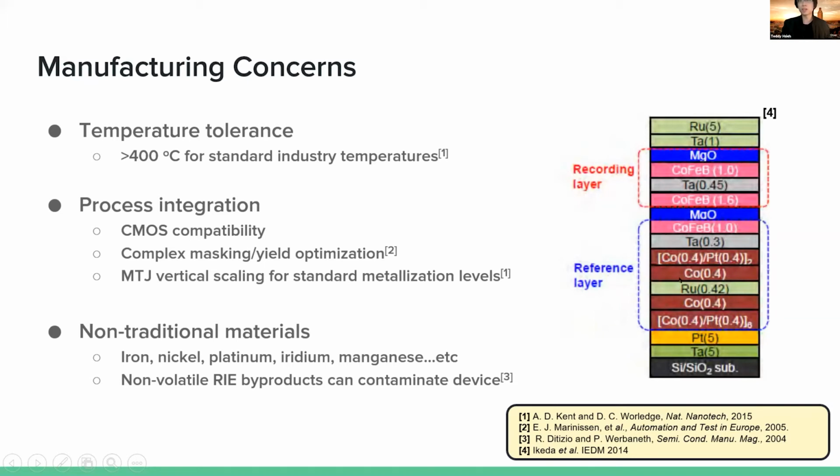All these different kinds of materials actually give non-volatile byproducts when you do reactive ion etching. And if those byproducts just fly everywhere, they can become defect sites at different parts of your device, or even short entire metallization structures. Terrible, terrible manufacturing concern.